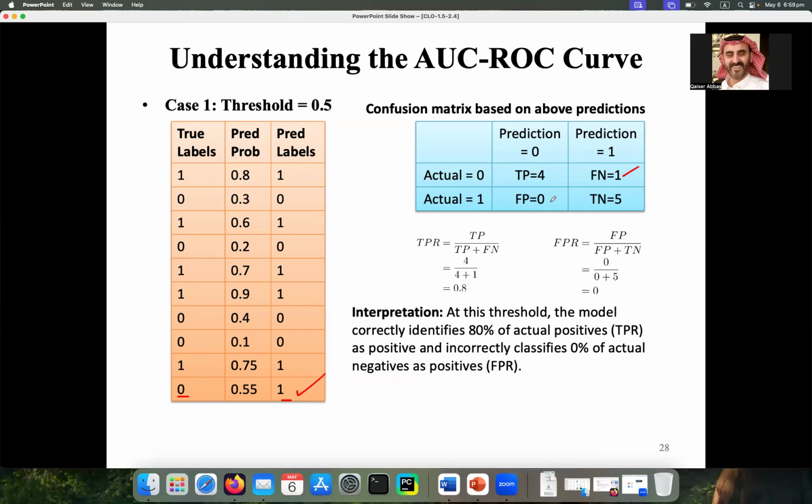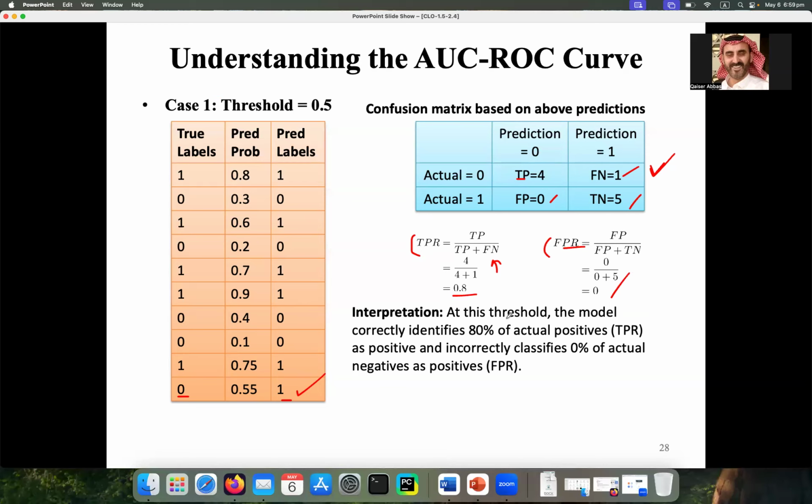So you can calculate these values like that, and now your confusion matrix is ready. You know what is TP and what is FP. Now, if you know the formulas for TPR and FPR, put the values from this confusion matrix into the formulas, and you have the value for TPR and the value for FPR.